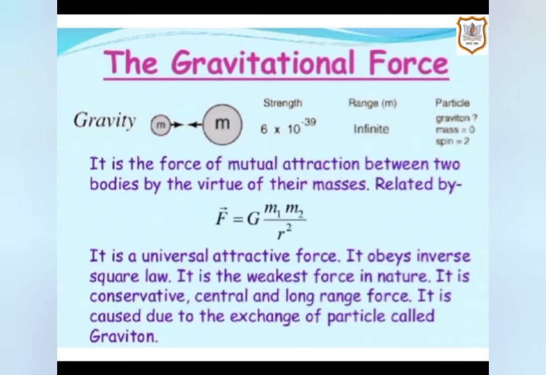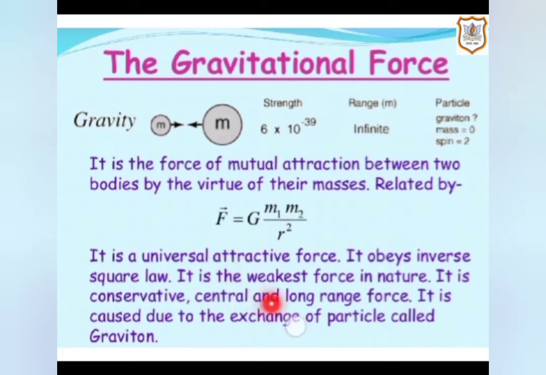This shows that it is a universal attractive force. Why? Because any two masses in the universe attract each other with a force which is directly proportional to the product of masses and inversely proportional to the square of the distance between them.